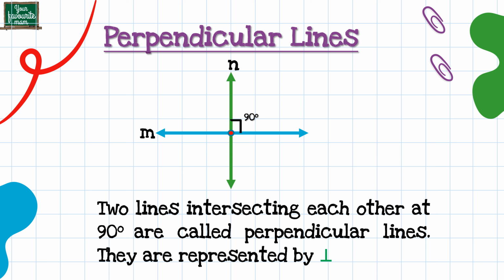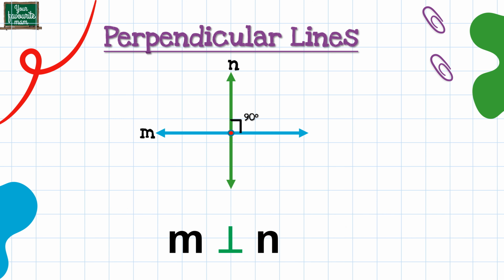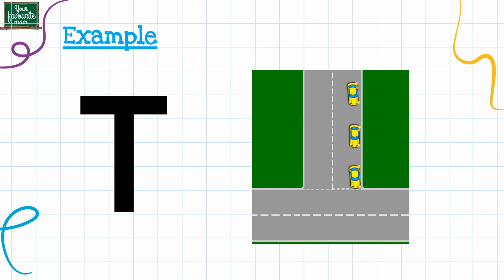So for example, here lines M and N are intersecting each other at 90 degrees. So we will write M with a perpendicular sign in between followed by N. So that means M is perpendicular to N. Examples of perpendicular lines can be the T-shaped road or even the letter T itself.